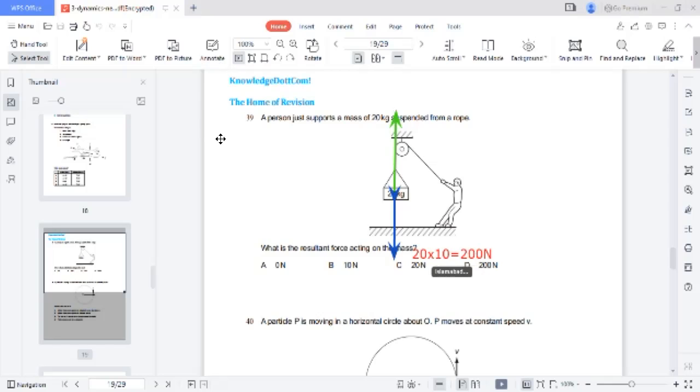So 200 Newton weight is acting downward, and 200 Newton is a tension force acting upward. So both the forces are acting in opposite directions. So the resultant force is 200 upward and 200 downward. So the resultant is 0 Newton.